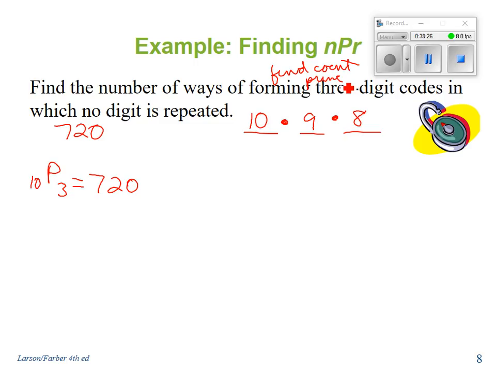What if they'd said that the digits could repeat? Then it'd be 10 times 10 times 10. We couldn't use permutations then, because permutations doesn't work that way. If I take this book, I can't take that book the second time and the third time. It can only appear there once.